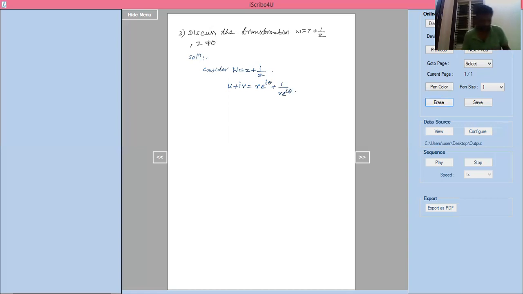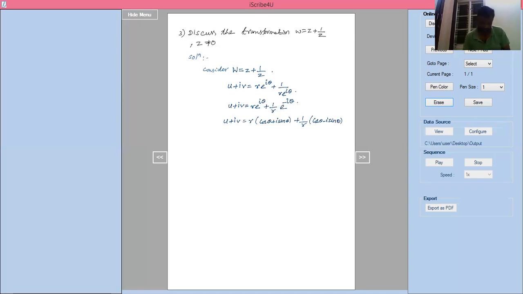So u plus iv equal to r e power i theta plus 1 by r e power minus i theta, which I will write as r into cos theta plus i sin theta plus 1 by r into cos theta minus i sin theta.